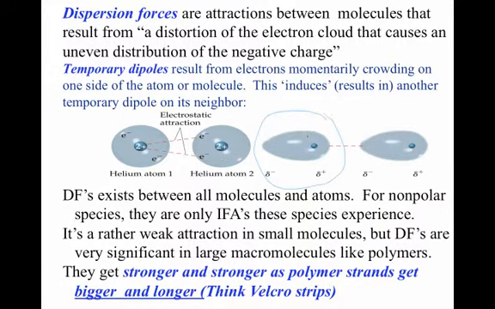When this happens, I've got my two electrons over here, so I'm going to end up with a delta negative region. And likewise, I'm going to have a delta positive where my two protons remain. This is like a domino effect. Now here's helium 2, the other helium atom.